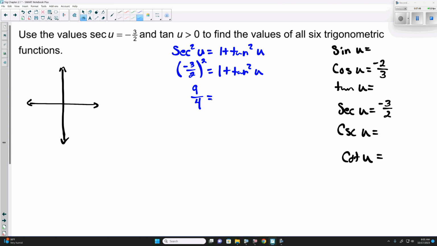The denominators 2 and 2 is 4, giving us 9/4 is equal to 1 plus tangent squared of u. Now we're solving for tangent, so we do need to get it by itself. We would start by subtracting 1, telling us tangent squared of u is equal to 5/4.